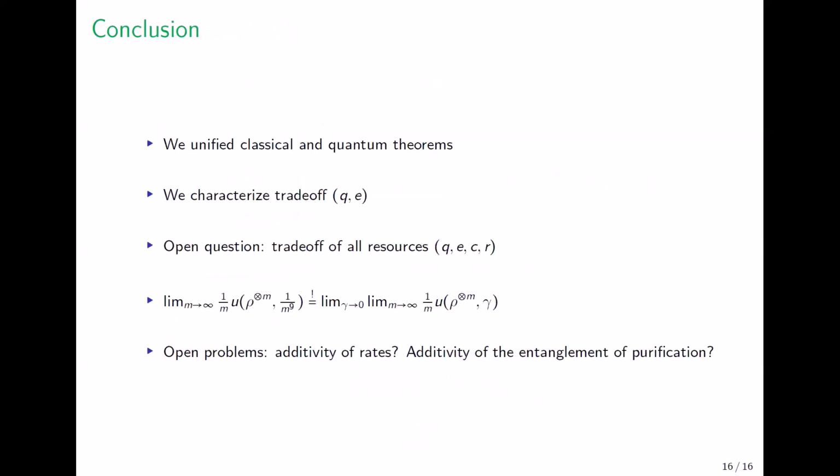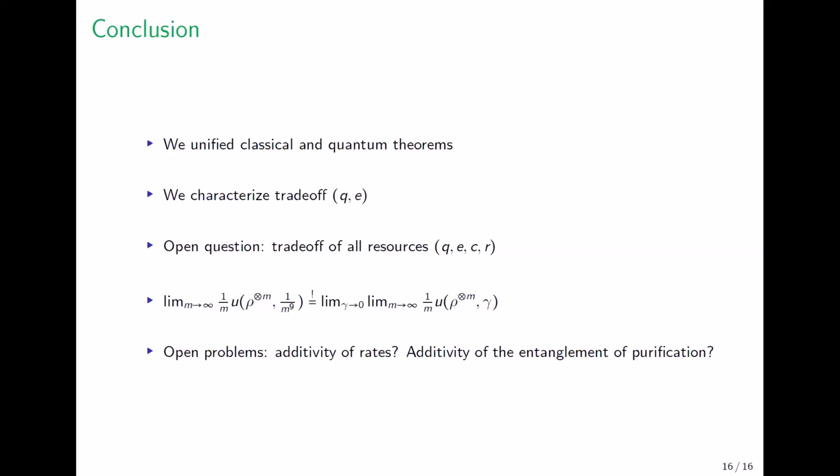And okay, maybe I give a summary of what we have done. We unified classical and quantum reverse Shannon theorem, and also we brought to the picture all other possible scenarios that neither classical nor quantum reverse Shannon theorem covered, where we had all these general mixed states as the input.